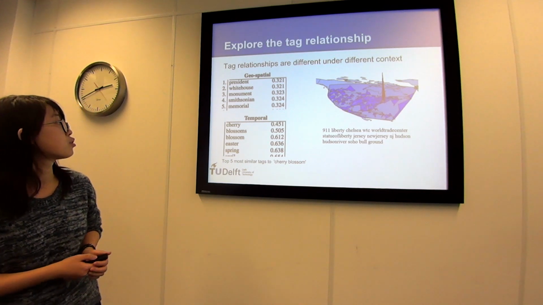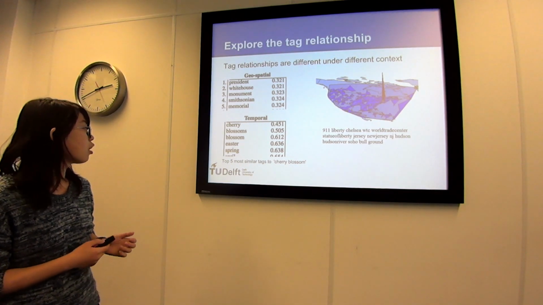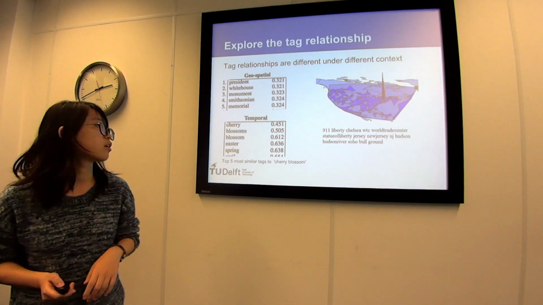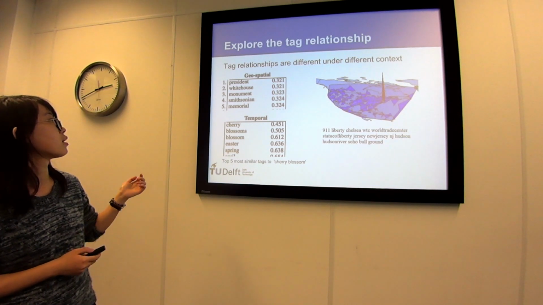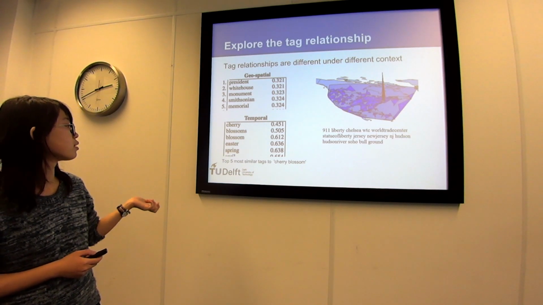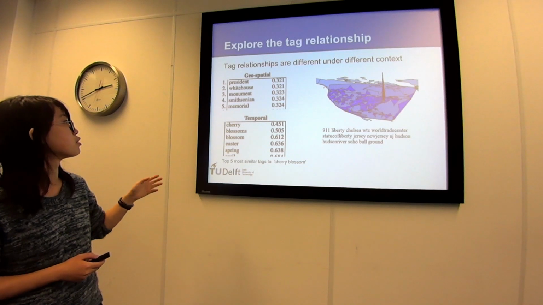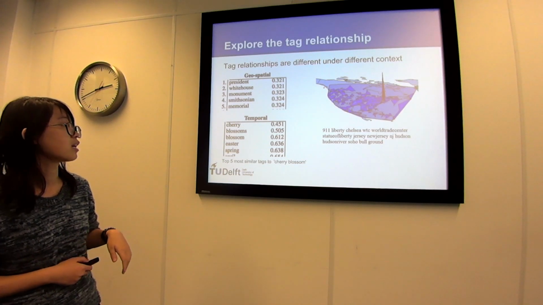The left figure shows the top 5 most similar tags to cherry blossom, and we can see that the top 5 most similar tags are really very different under different contexts.